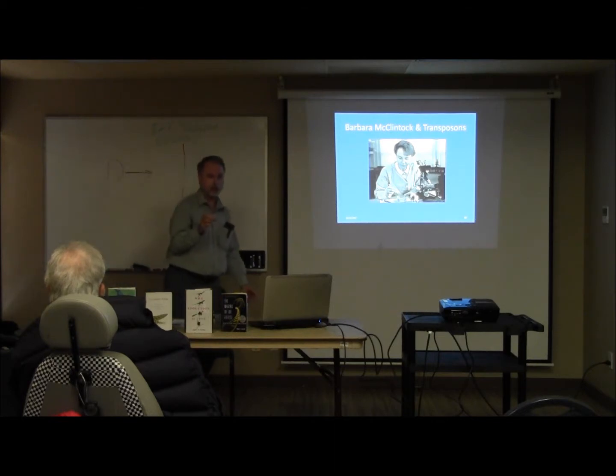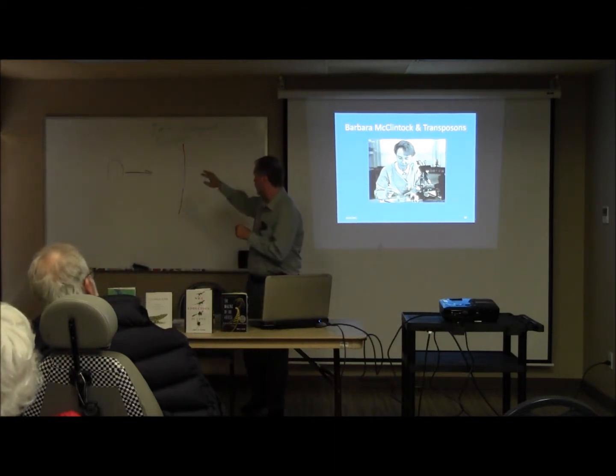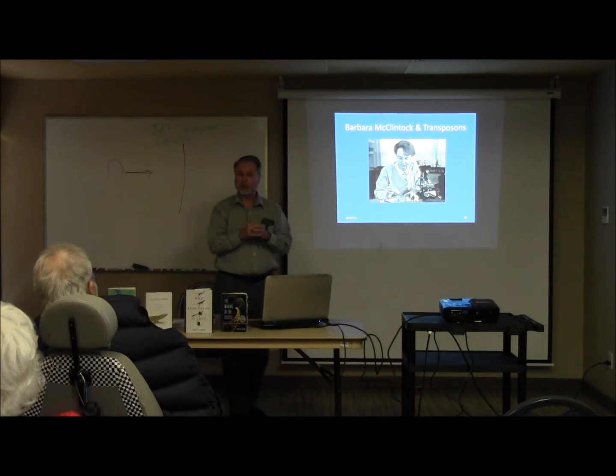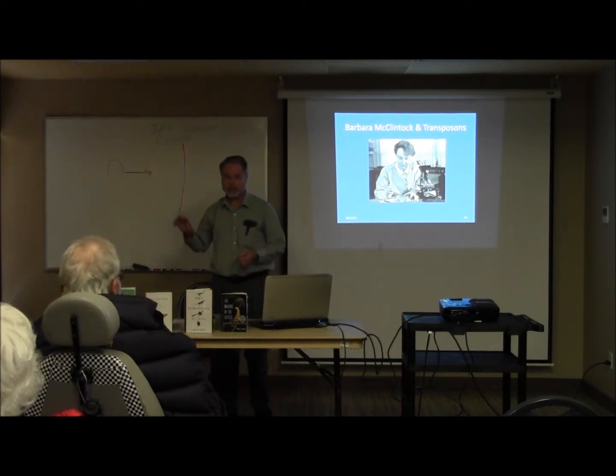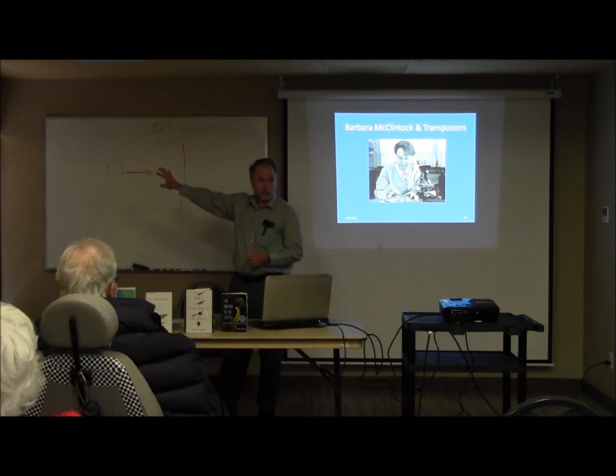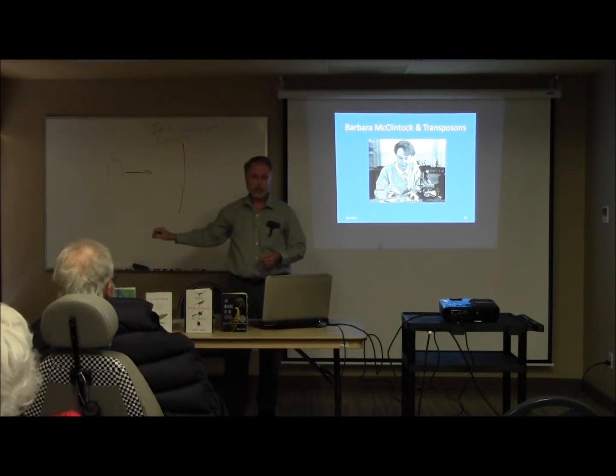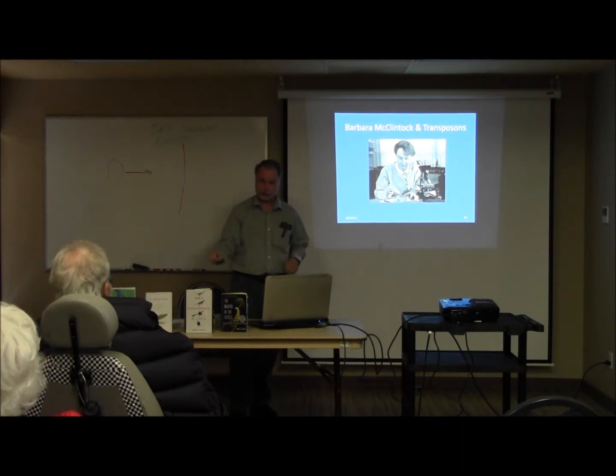So each kernel had a possibility of having this happen so that the kernel might be clear, red, brown, and so on. She called these transposons because they transpose, that is, they transport themselves from one place in the DNA to another. This can happen on the same chromosome, it can happen on a different chromosome.